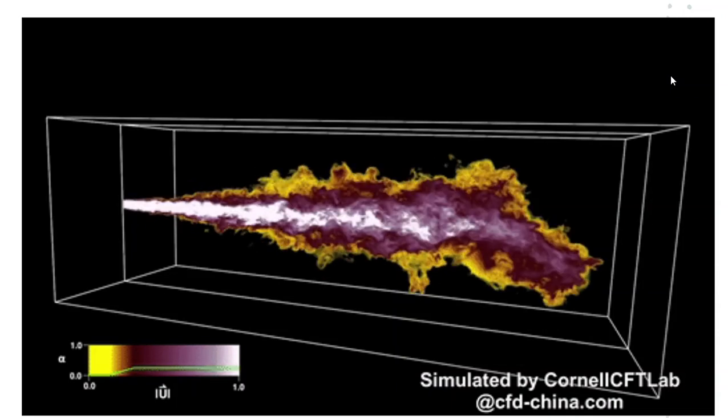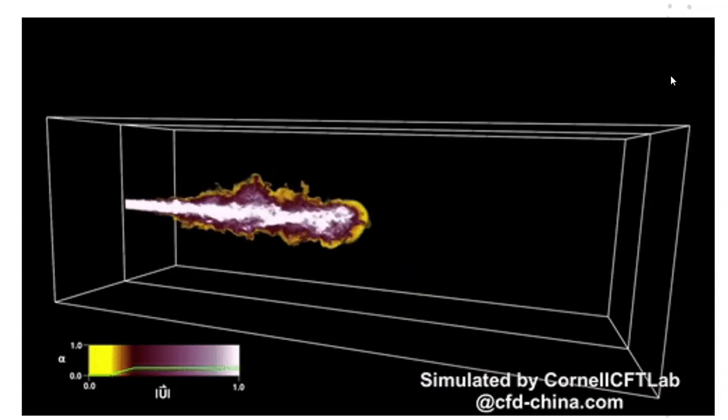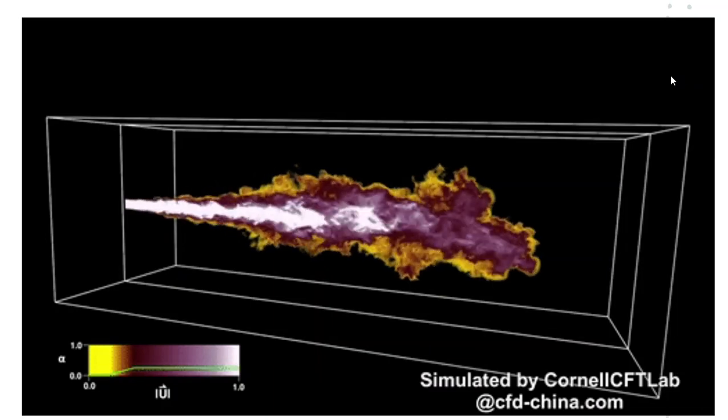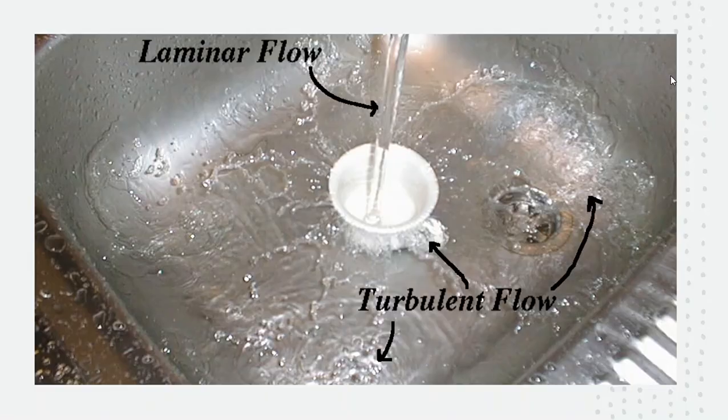We can understand this by seeing this clip, and this is a real life example every student can get, or every person who has a kitchen in their home can easily know laminar flow and turbulent flow. So consider a kitchen where we have a sink and a tap which is going to give a flow of water.